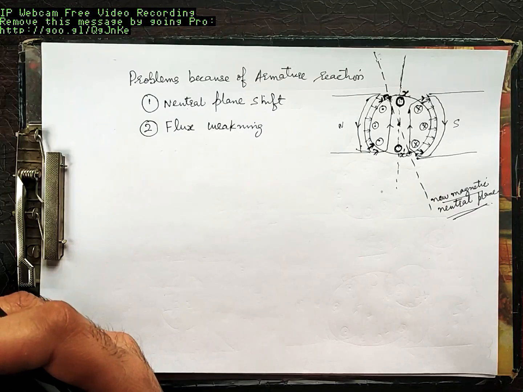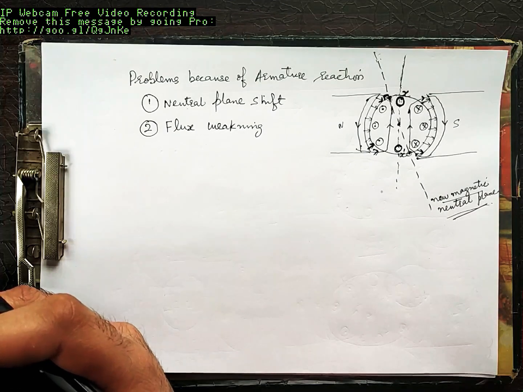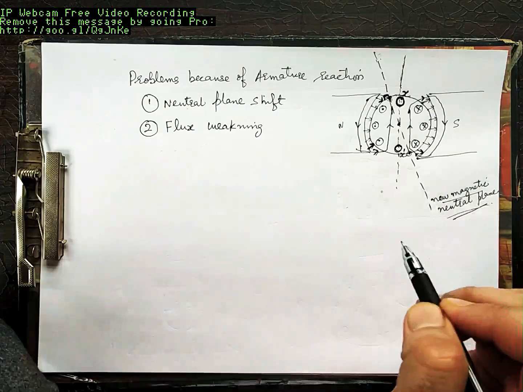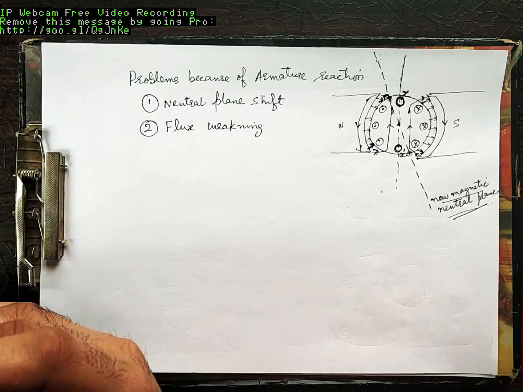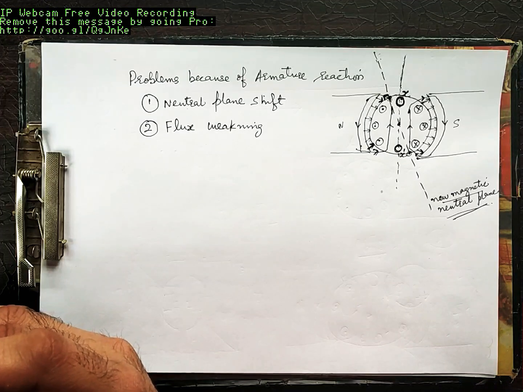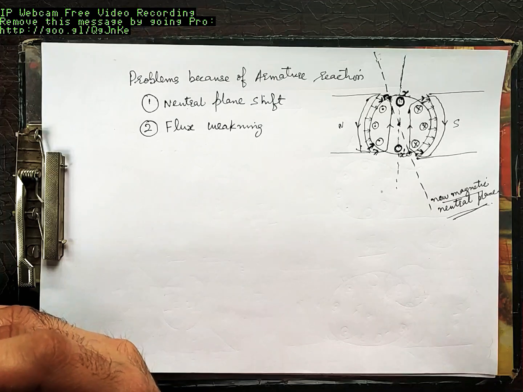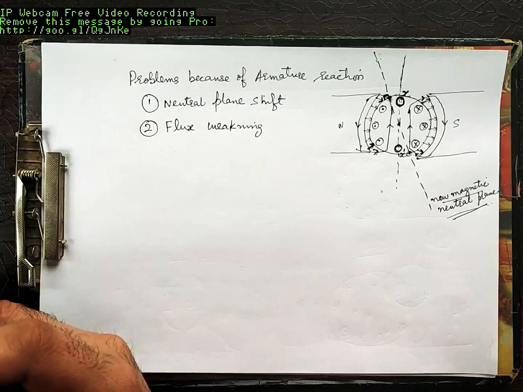So what I mean to say is that the magnetic neutral plane keeps on changing as the current keeps on changing. What are the solutions to this problem then? We'll come to that.